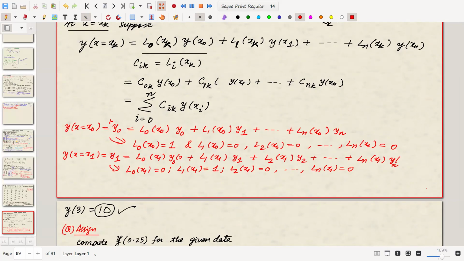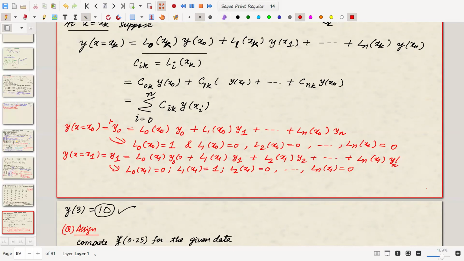I never told you about an identity matrix, but I am asking you, can you make a pattern based on this Li at xi? What is Li evaluated at xi? And others like Li xj where i is not equal to j? Get it out from you.